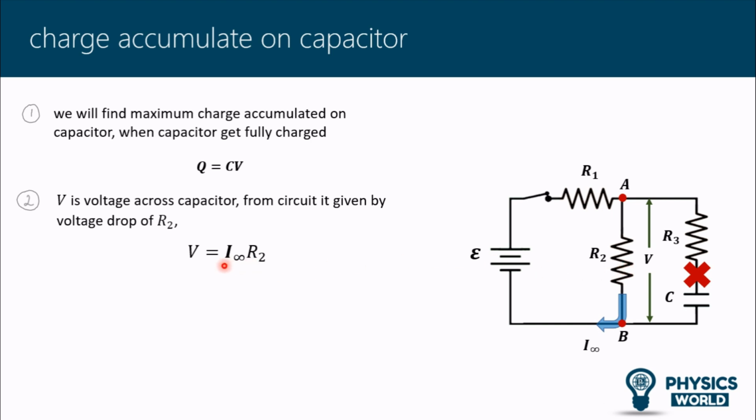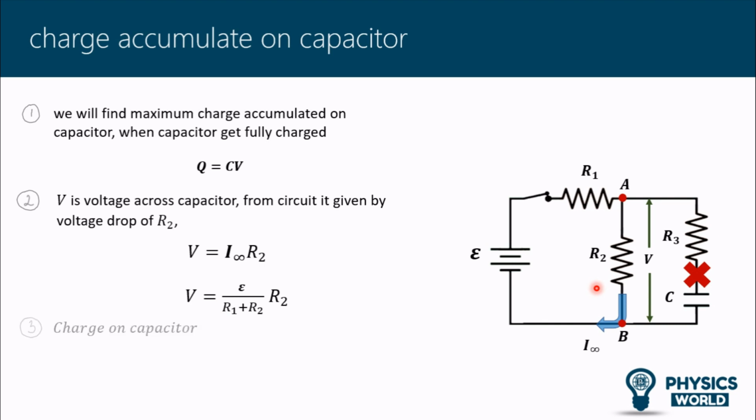Here I infinity is the current passing through resistor R2 and R2 is its resistance. So this is the voltage drop of R2, which is the voltage across the capacitor. Here the value of I infinity is E upon R1 plus R2, multiplied by R2. So this is the total voltage across the capacitor.